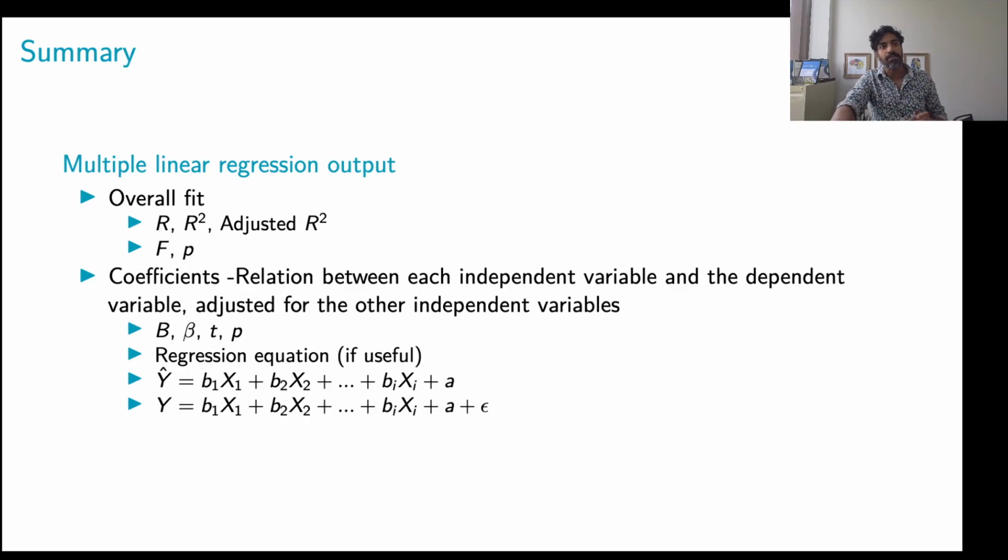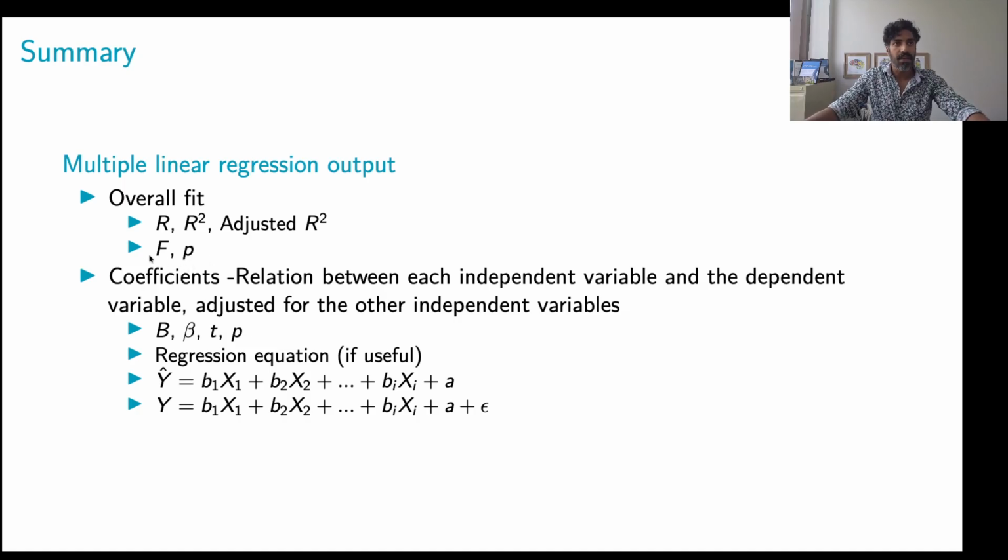We talked about multiple linear regression output, the overall fit through R squared, and also what the capital R means in relation to multiple linear regression models. There's also the adjusted R squared, which is related to the population level but also accounts for the number of predictors in your model, and we have to ensure we use adjusted R squared, particularly when we have low sample sizes.